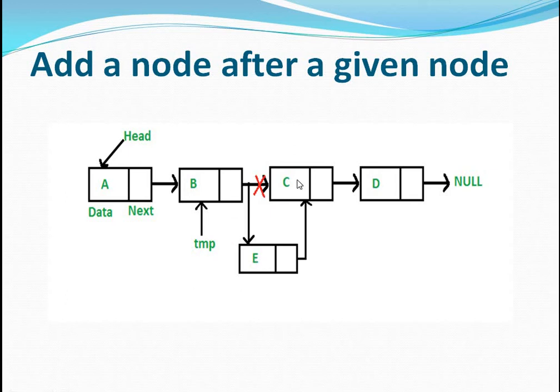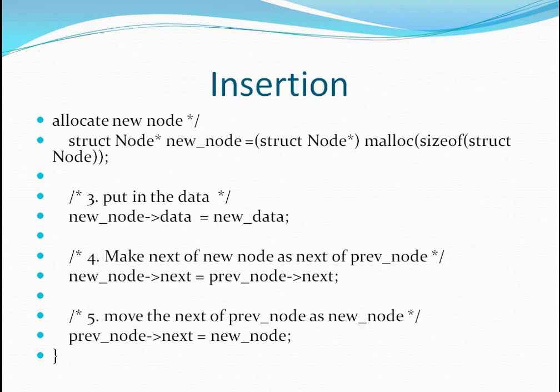So you have to just change the value of two pointers and you are able to insert a node. You don't have to shift any elements like you had to shift in an array. So here also, I have created a new node and I have given it the size of struct node. I have given it space in the memory with the help of the malloc function. Now I have assigned the data to this new node, and the next field will be equal to previous next, because previous was the previous node.